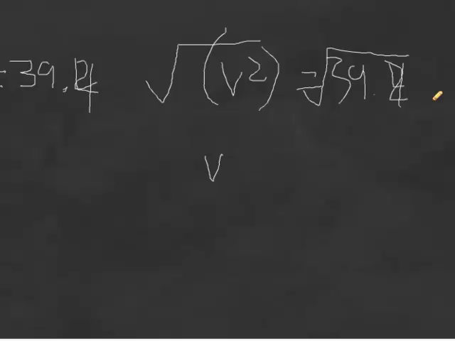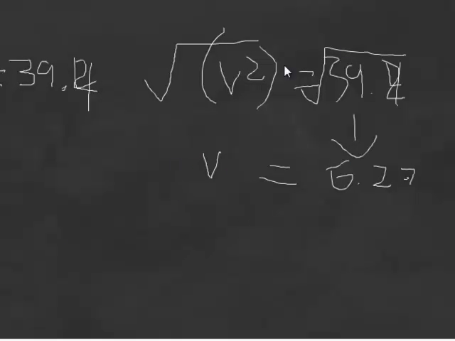You just put the square root symbol in the calculator. The square root of 39.4 is equal to 6.27. So we get velocity is equal to 6.27. So, hope that helped.